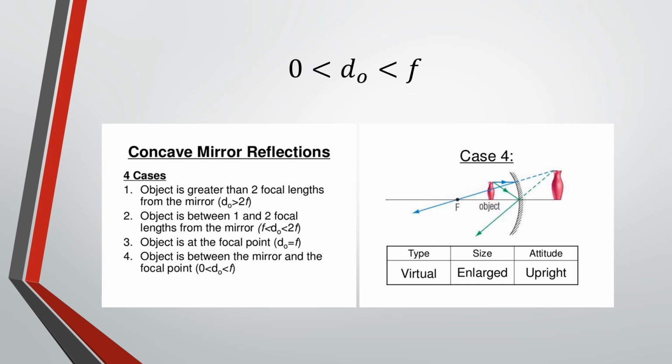So this is after the reflection. You'll backtrace, and you'll see that it's virtual, enlarged, and upright. So just like our rules that all virtual images are upright and real images are inverted, that's shown right here.